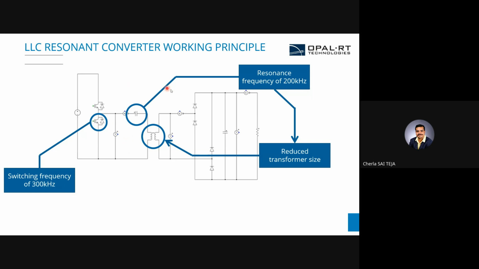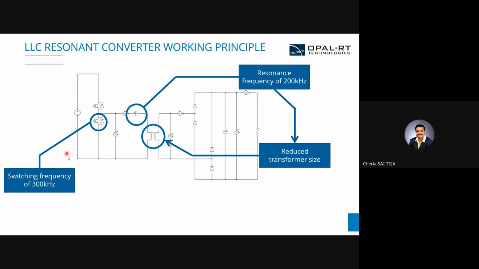So if you see this LLC based resonant converter working principle, after the primary AC to DC conversion followed by the boost chopper, you'll be having this LLC tank. The leakage inductance and the magnetizing inductance of the transformer winding will provide you a double L, and you'll be having a resonant capacitor here.